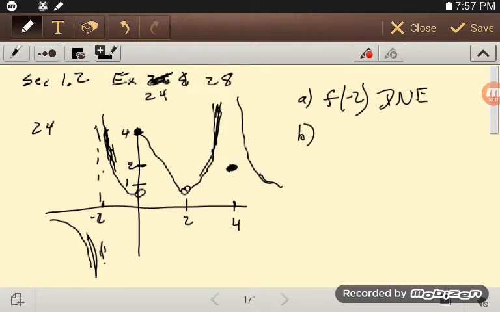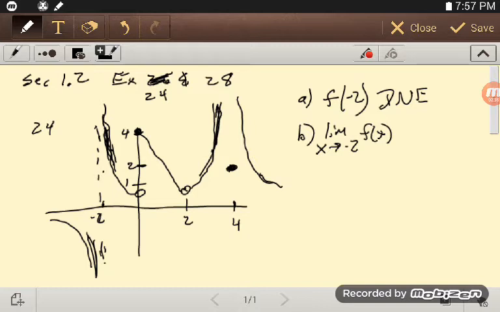And then B, the limit, how about that? The limit as x goes to -2 of f of x, well, that does not exist either, for a couple reasons. One is that these things are growing without bound, so it doesn't exist.